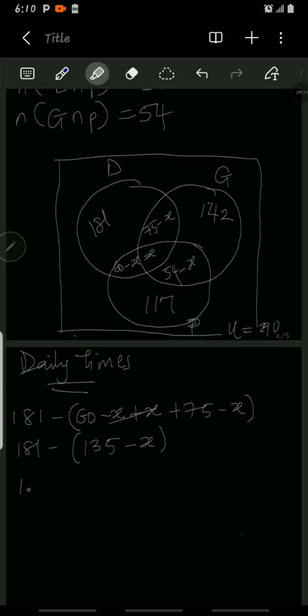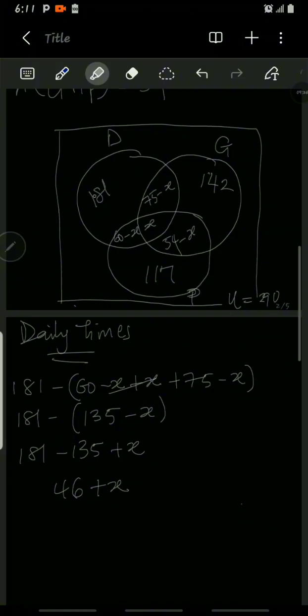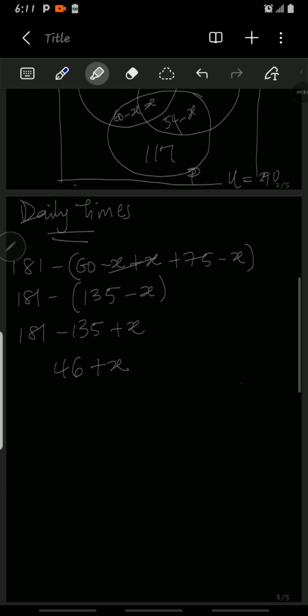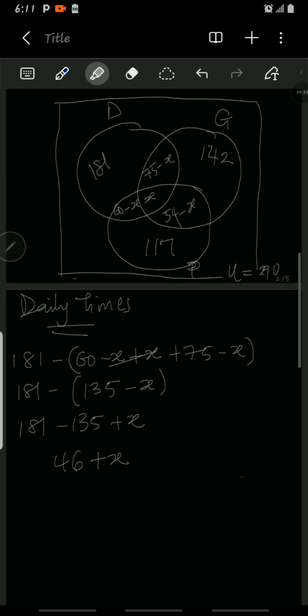So when I expand, I have 181 minus 135 and then plus X. Subtract this one, I have 46 plus X, right? So I'm done for Daily Times. That is what is remaining here, after subtracting all of this, the remaining part here is 46 plus X.